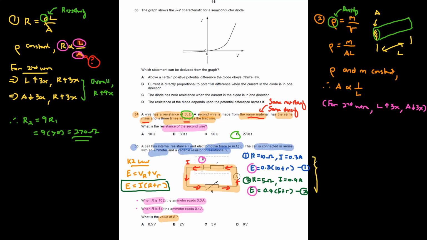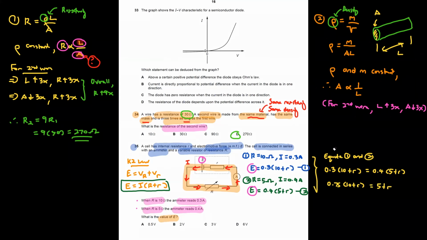In your case, if you equate 1 and 2 together, you will get 0.3(10 plus r) equals 0.4(5 plus r). Eventually you will get 0.75(10 plus r) equals 5 plus r.